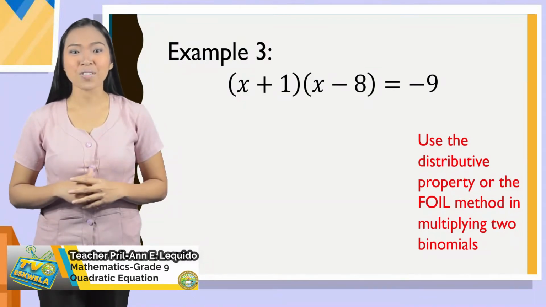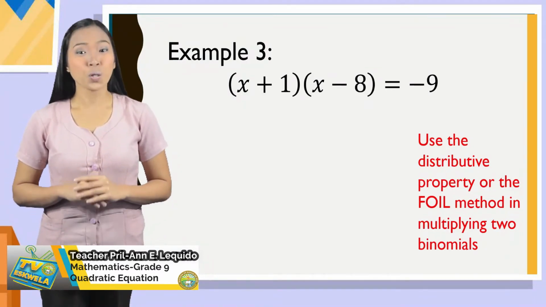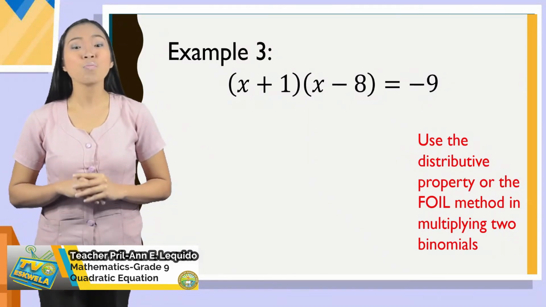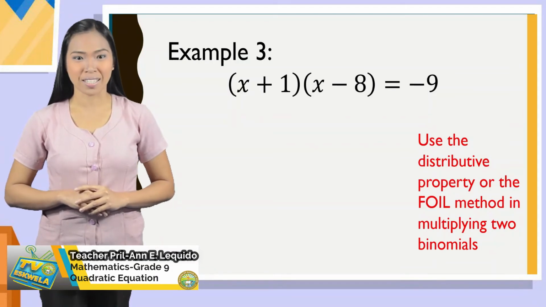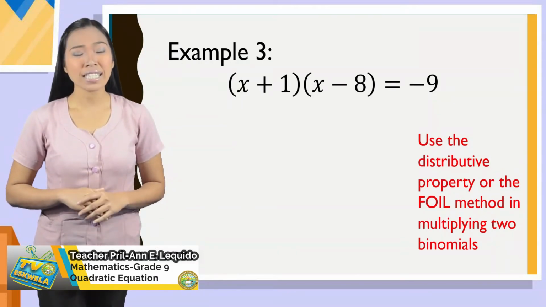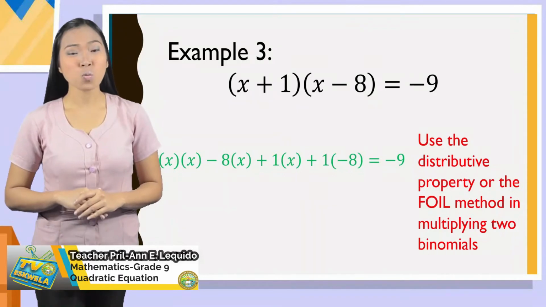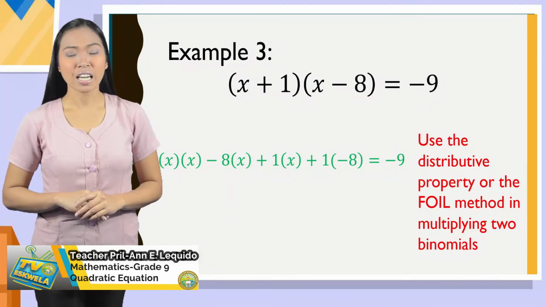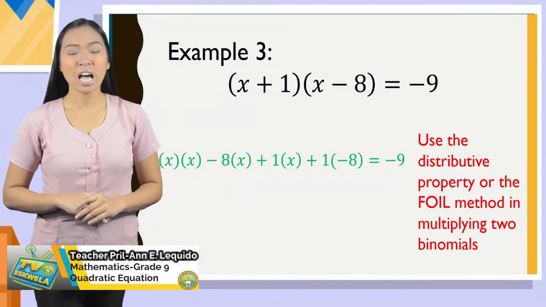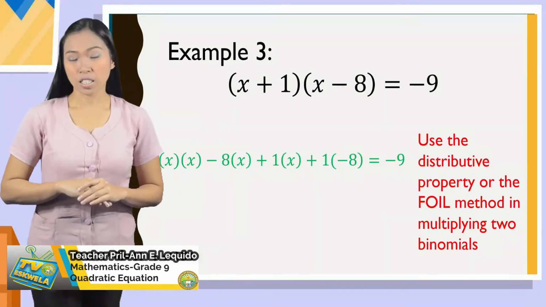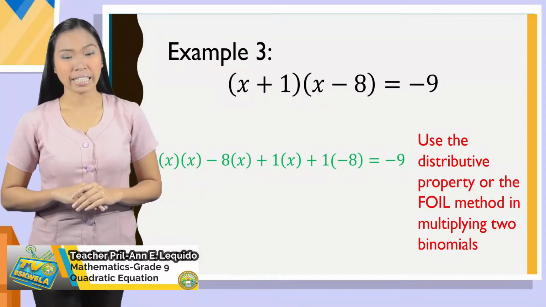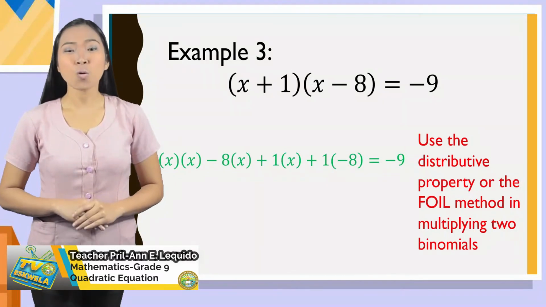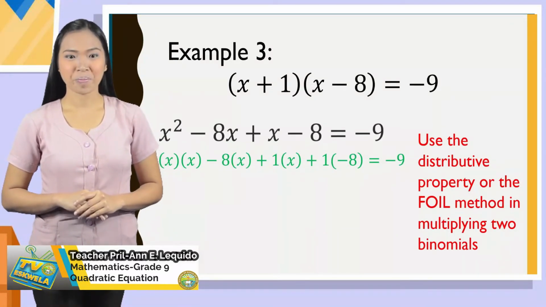To deal with the left side of the equation, use the distributive property or the FOIL method in multiplying two binomials. The quantity x plus 1 times the quantity x minus 8 equals negative 9 now becomes x squared minus 8x plus x minus 8 equals negative 9.